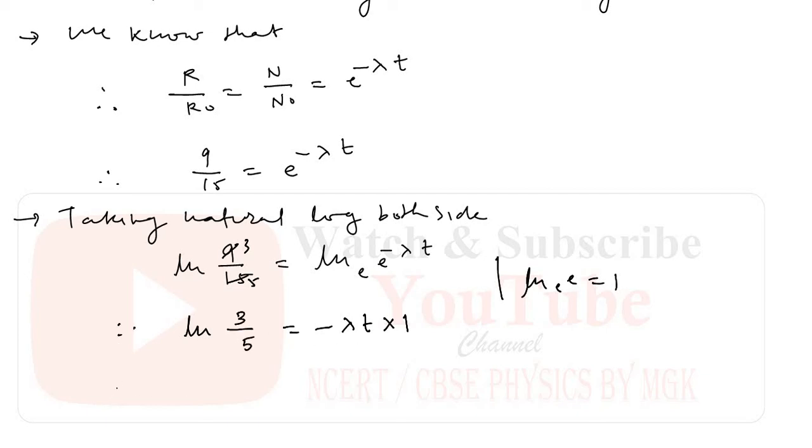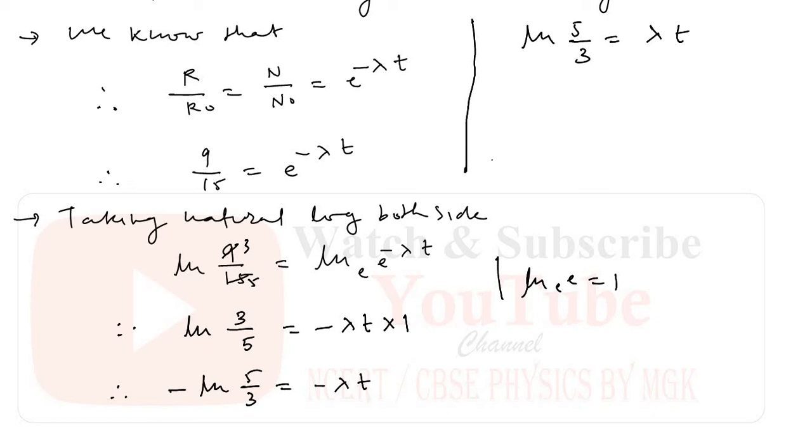Now this side is negative, so to make it negative I reverse this fraction. So it will be minus ln 5 upon 3, that is equal to minus lambda t. Now multiplying by the negative sign on both sides, we get ln 5 upon 3 is equal to lambda t.